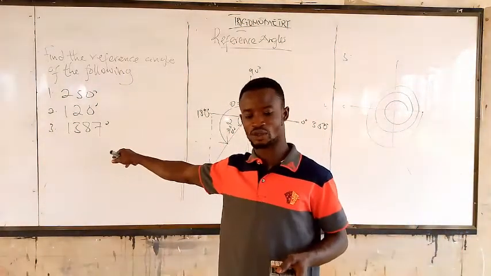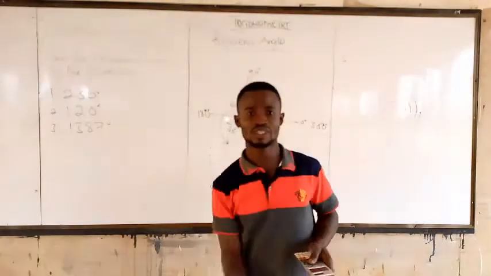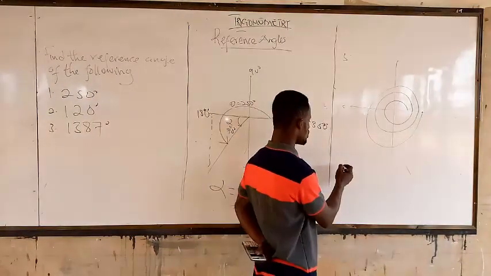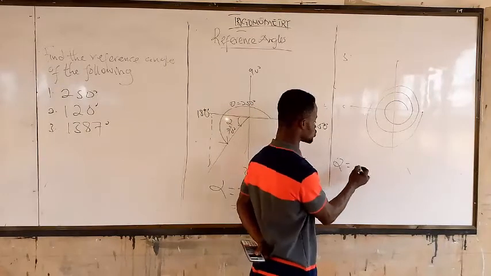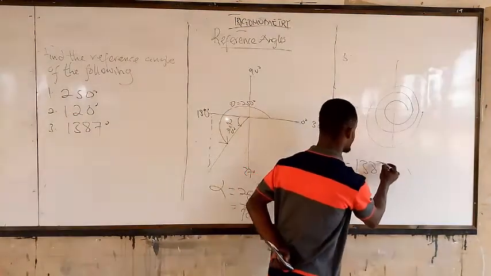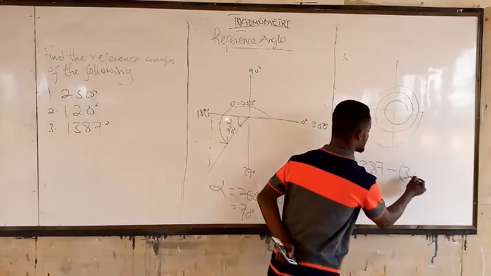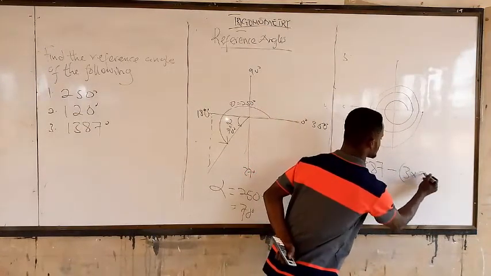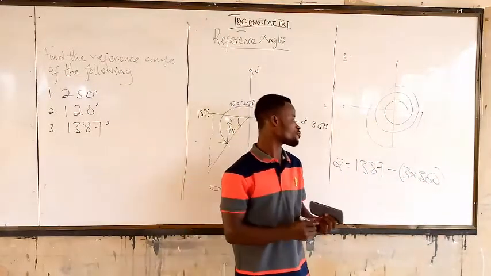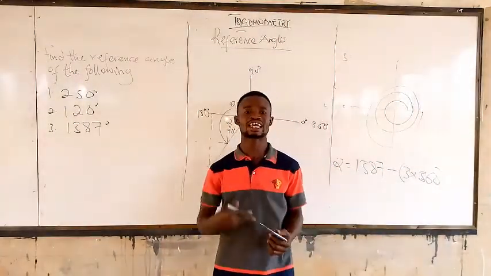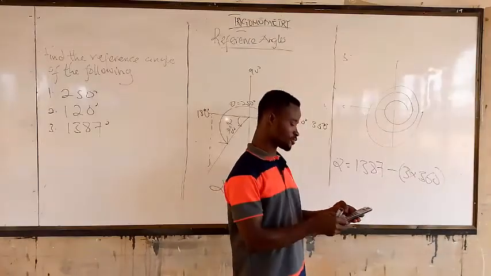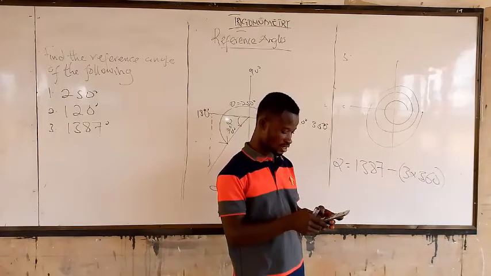So alpha will be equal to 1,387 minus 3 times 360, because when we multiply 4 by 360, we get a huge number, which is more than what we have here.